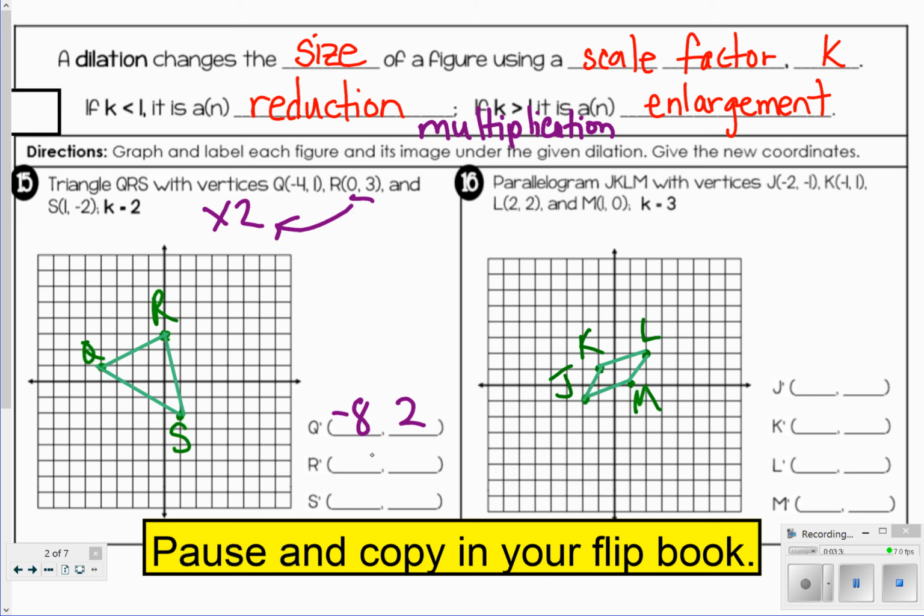So 0 times 2 stays 0, and 3 times 2 is now 6. And now we're going to multiply S vertex times 2. So 1 times 2 is 2, and -2 times 2 is -4. Okay? Now that we have those ordered pairs, go ahead and draw that image into your book.